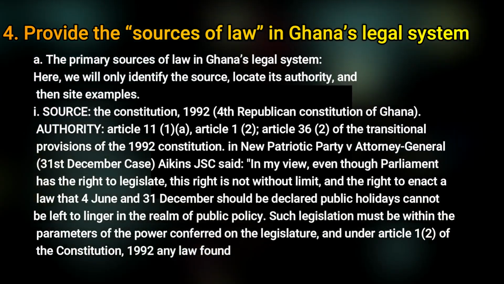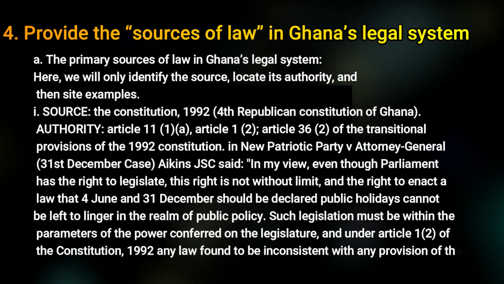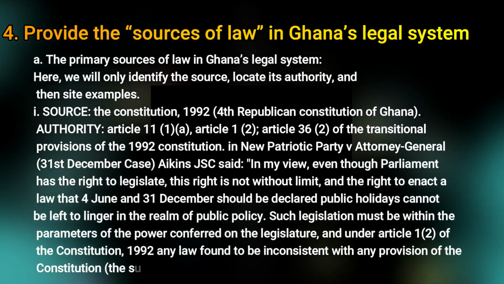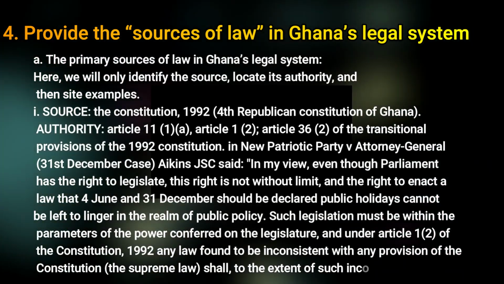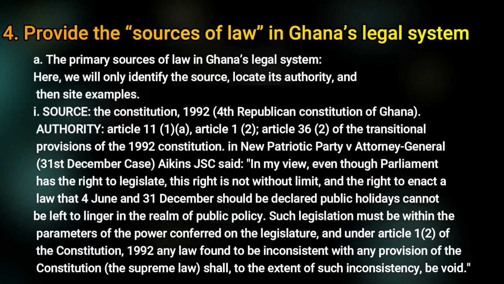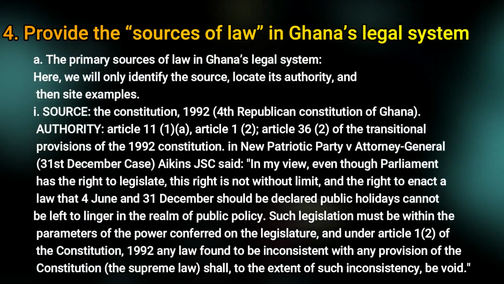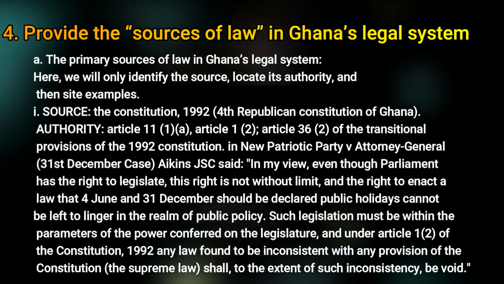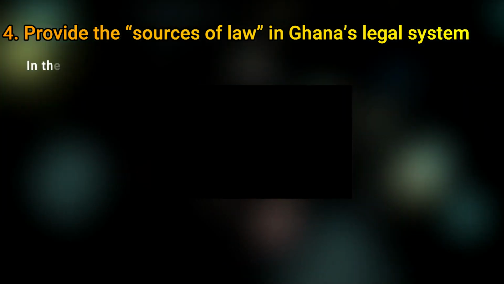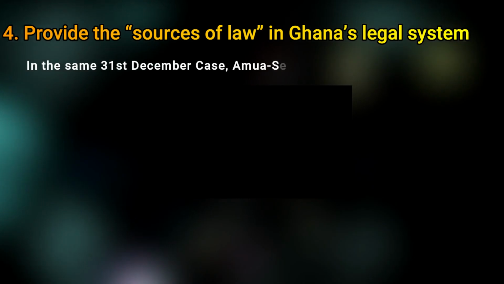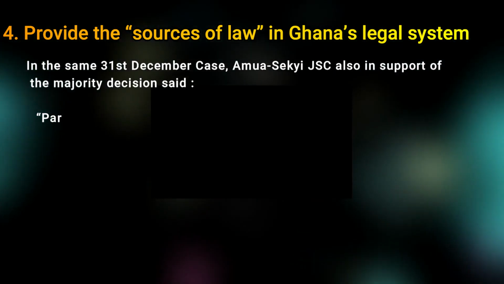Such legislation must be within the parameters of the power conferred on the legislature, and under Article 1(2) of the 1992 Constitution, any law found to be inconsistent with any provision of the Constitution, which is the supreme law, shall to the extent of such inconsistency be void." Unquote.